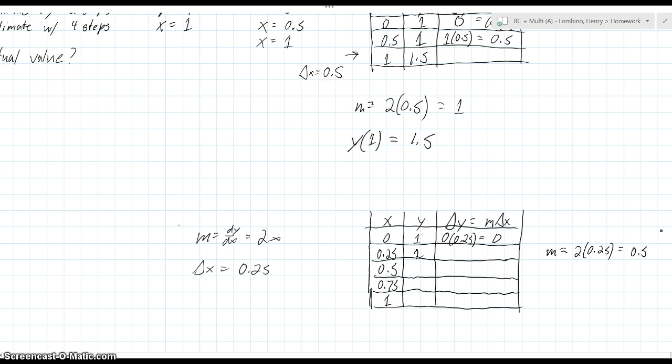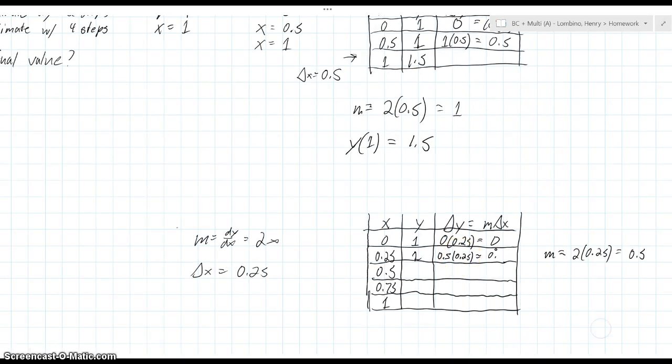And then we're going to multiply that by our change. So we're going to have 0.5 times our change in x, which is 0.25, which is going to equal 0.125. So that's that right there.